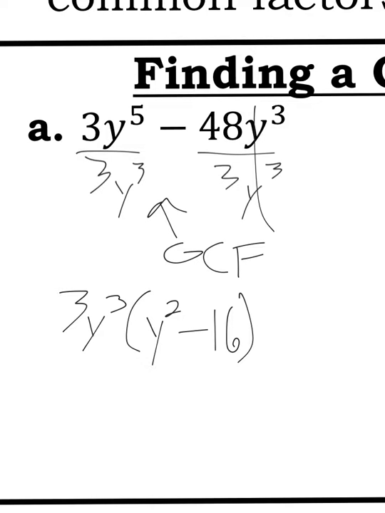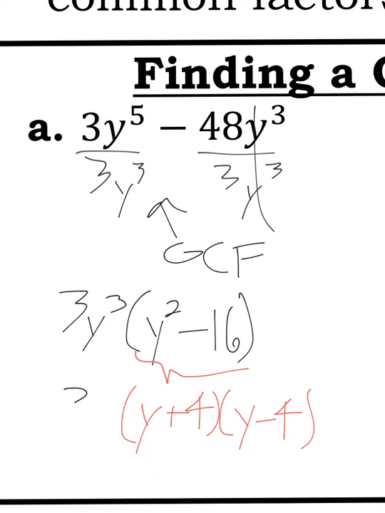So this right here can actually expand to become y plus 4 times y minus 4. And then you just bring down that 3y to the 3rd. So I got this y plus 4, the y minus 4. That is your difference of squares pattern, and that's in the 5.2 part 2 notes.